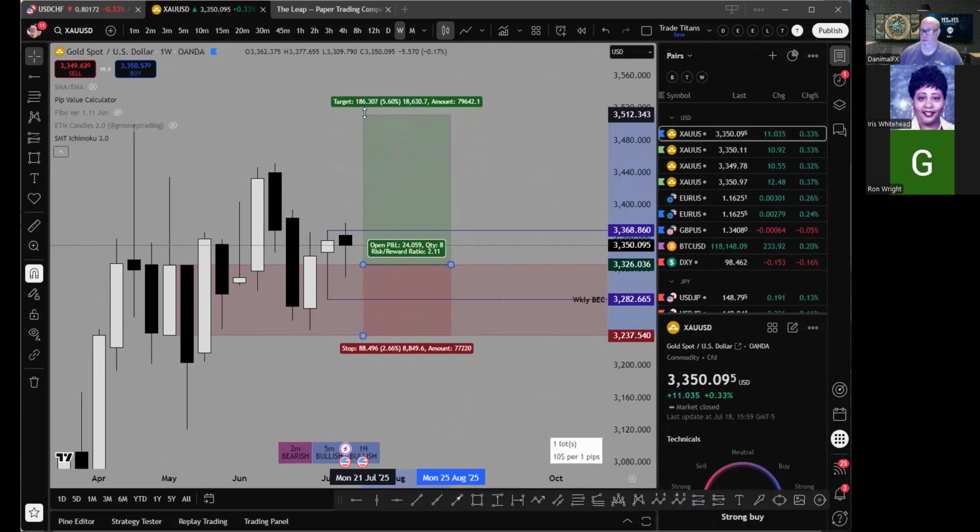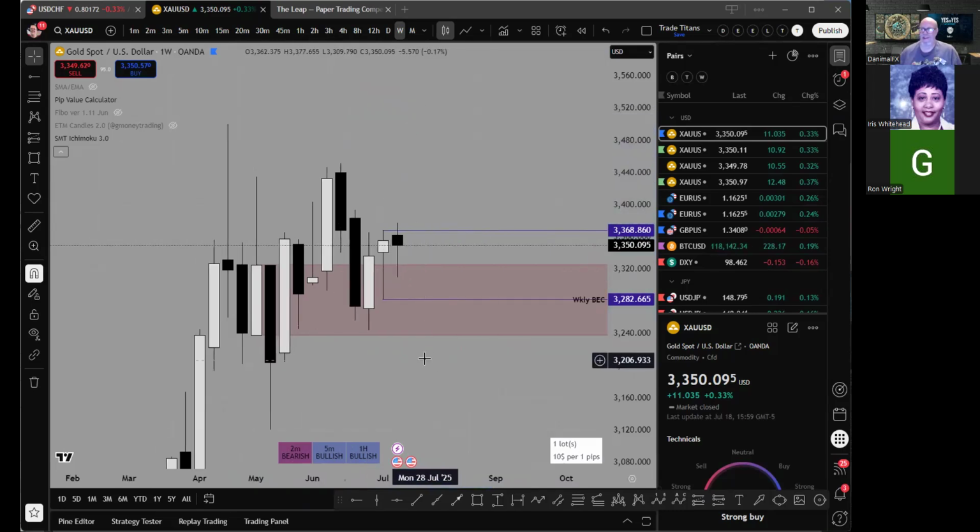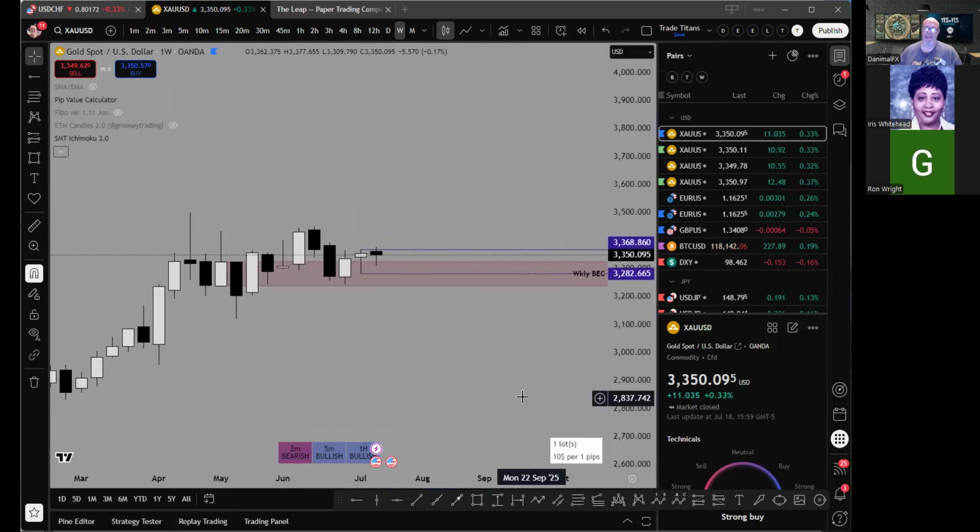We could still get there, because if you look at the impulse, correction, and the impulse, and we fit that, but we're not going to do that because that's just going to be way too confusing at this point. I don't want to confuse any more than you need to be. We also got this rally-base-rally structure right now.